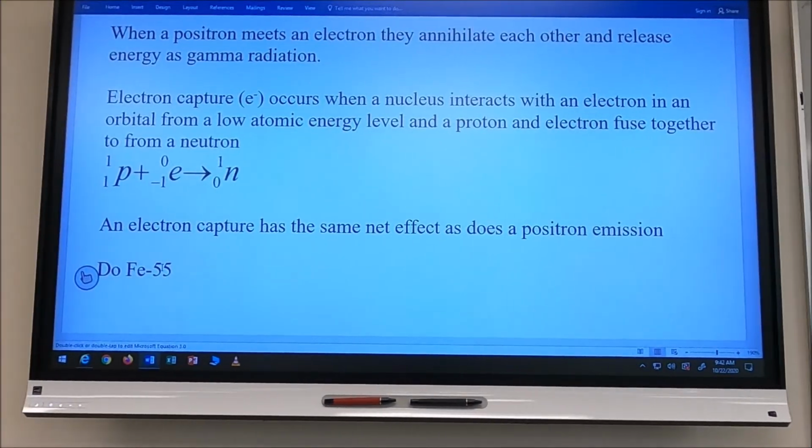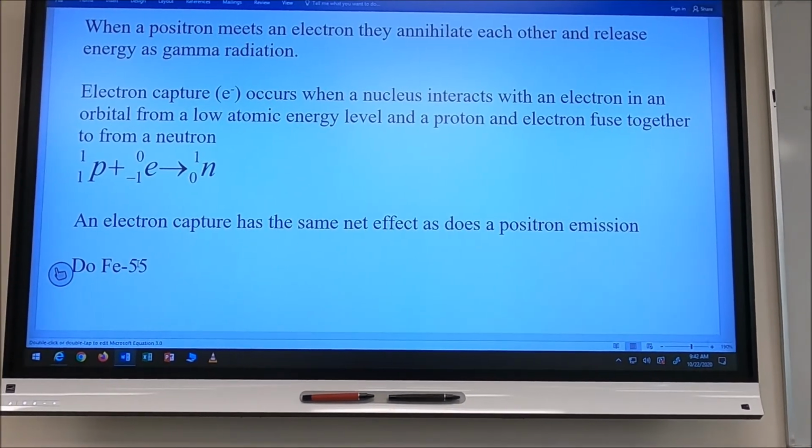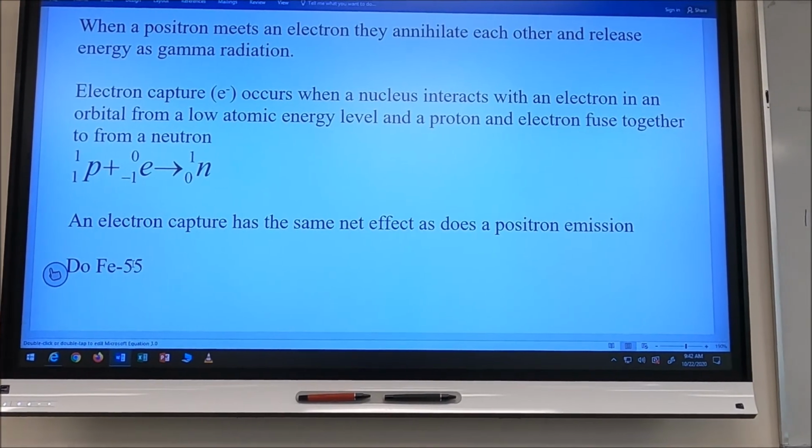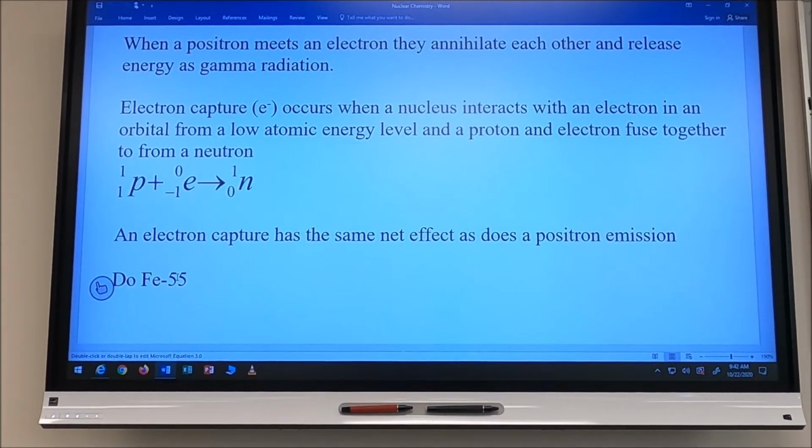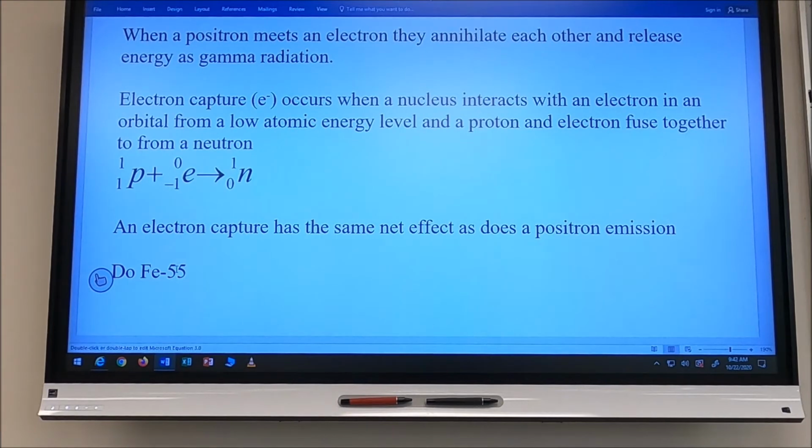Now, there are some situations where an electron can essentially be trapped in the nucleus. And this is called electron capture. It occurs when a nucleus interacts with an electron that's in the 1s orbit, so a low atomic energy orbit, and a proton actually fuses together with an electron, it slurps it up, and it becomes a neutron.